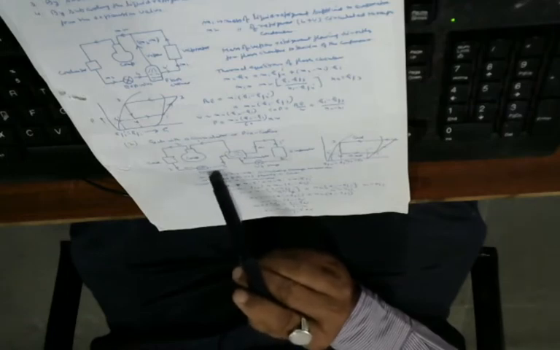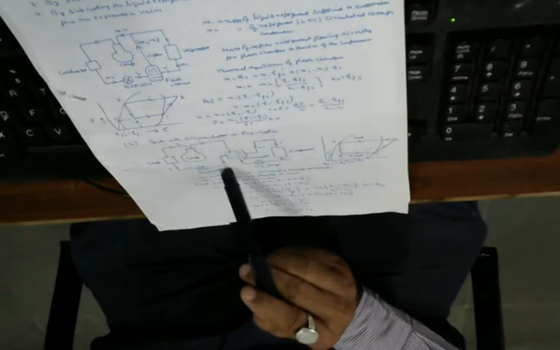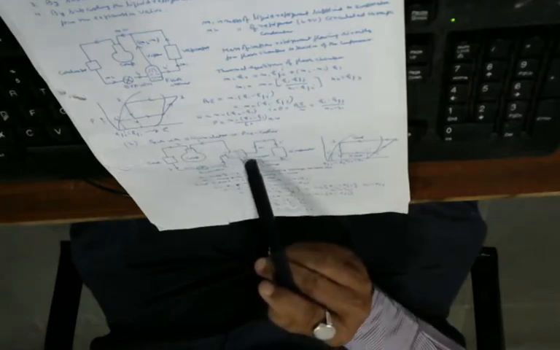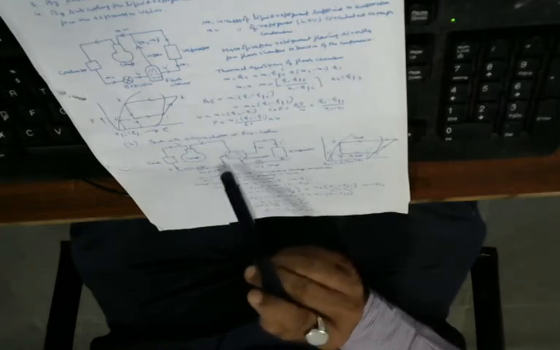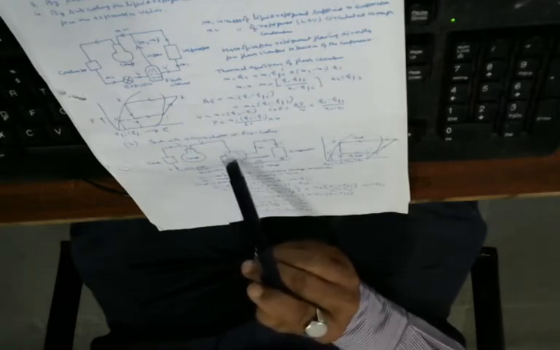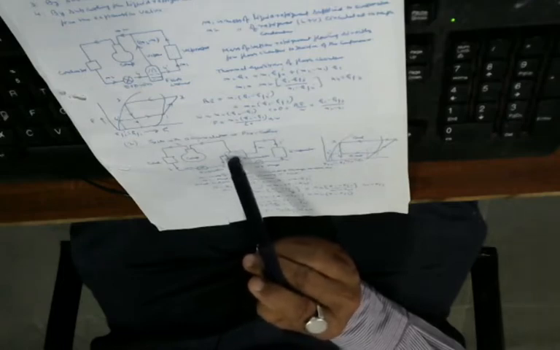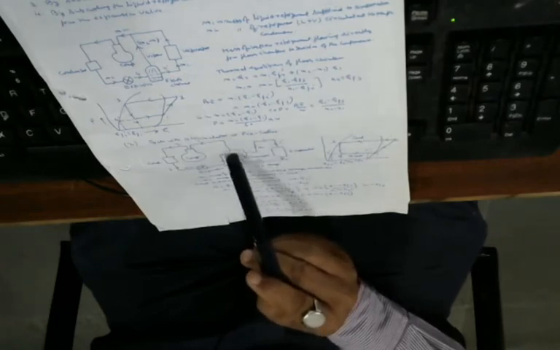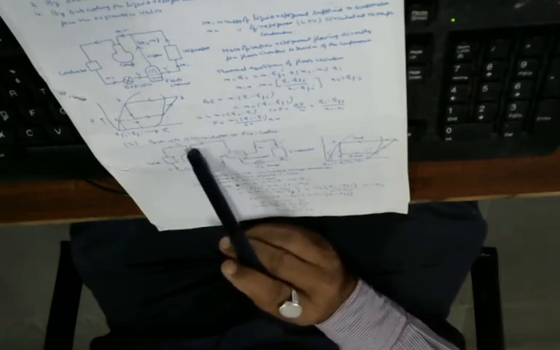Here the pressure is being reduced and that liquid refrigerant goes to the accumulator. It is being accumulated over here, and the gas refrigerant in the vapor form, which is on the top side of the accumulator and also coming from the evaporator, are mixed over here. Then they are passed to the compressor.